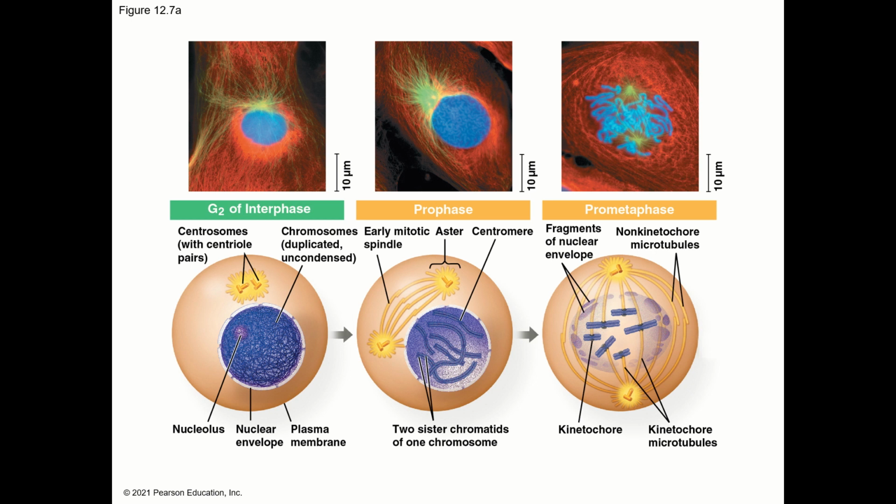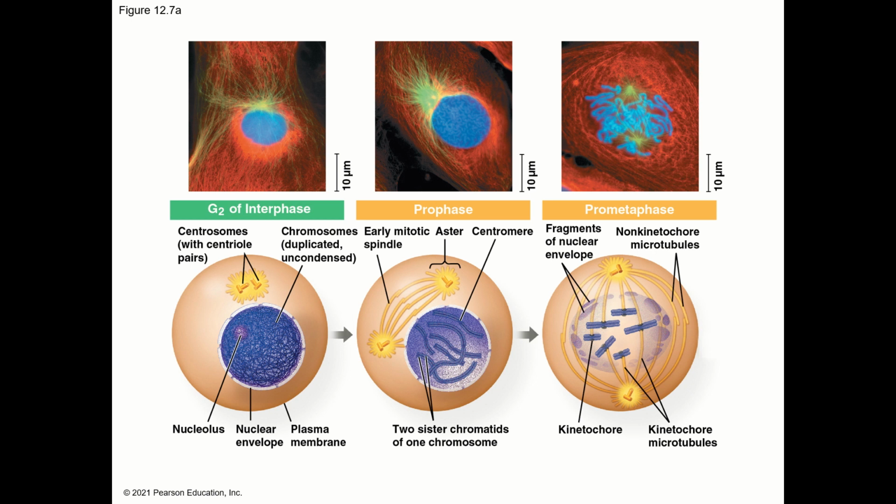In prophase, there are early mitotic spindles connected to asters, and we have the centromere in our condensed DNA material, where we have two sister chromatids for each individual chromosome.